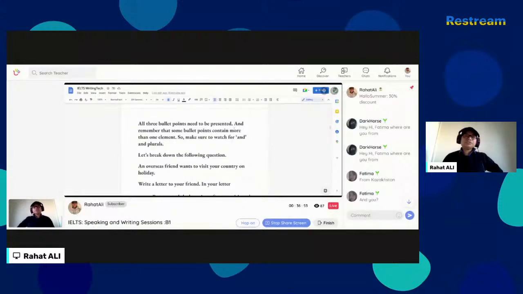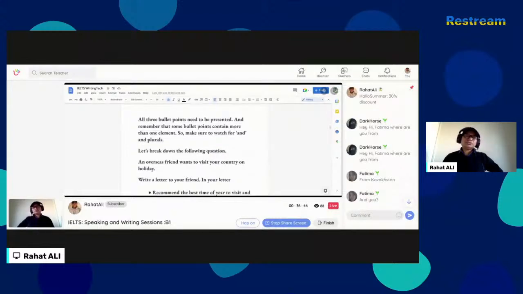All 3 bullet points need to be presented. And remember that some bullet points contain more than one element, so make sure to watch for plurals.